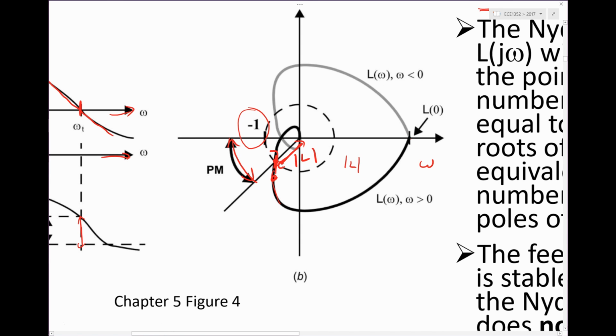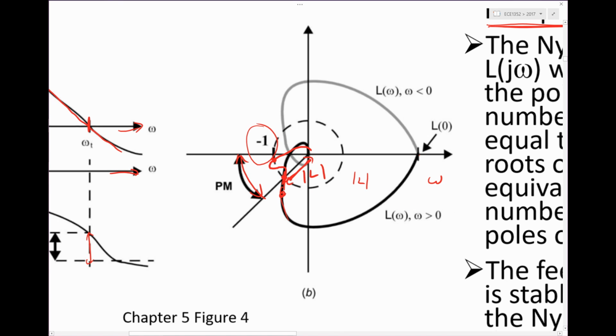This guy could go back out again, and that would be a little bit confusing. How would we define the phase margin at this point? Well, that's easy. I'm going to say it's got to be this one here, because that's the one where I'm the closest, and that's how close I am to instability.